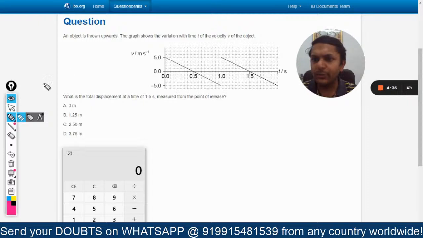The object is thrown upwards, so the velocity will be reducing. So definitely the velocity was 5 when it was thrown up, and when it reaches the highest point, the velocity becomes 0, and after that it starts falling downwards, and then immediately it rebounds.